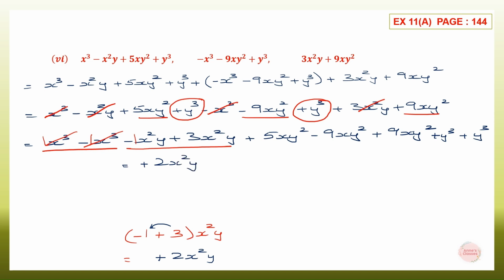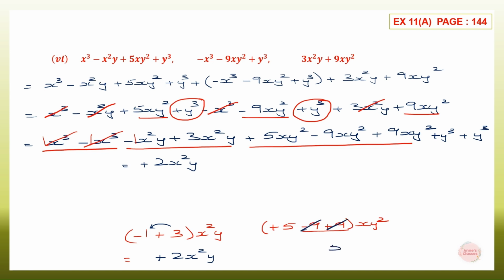Now let's look at this xy square. We have 5xy square. So let's write down only the numbers: plus 5 minus 9 plus 9 xy square. Now if you look at minus 9 and plus 9, 9 minus 9 is 0. So this gets cancelled.